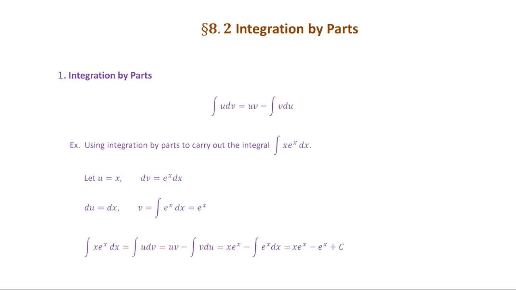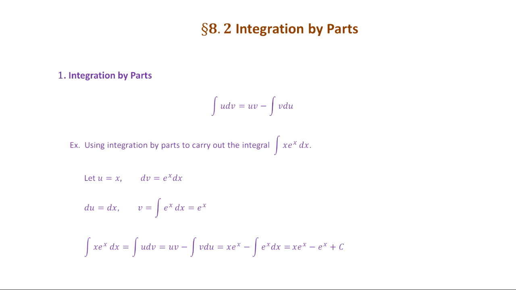So why do we need this formula, and how does it work? In many cases, you try to integrate u dv. You can rewrite the problem in the format of u dv. The problem itself doesn't give you this format. It's just x for everything.